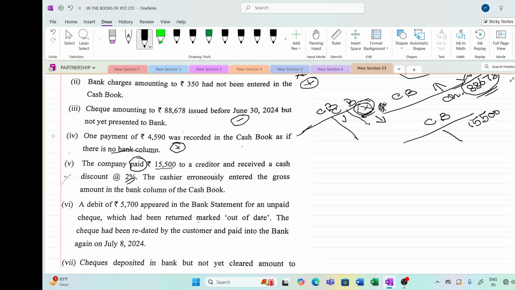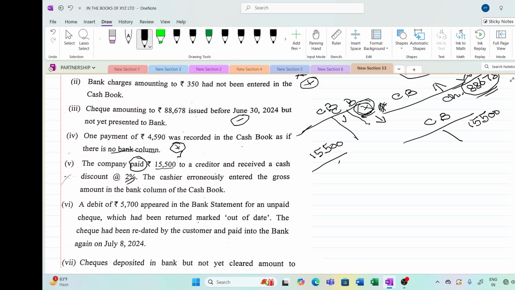We pay the net amount, not the gross amount. We will have to wait for the clarity from ICAI, but right now I am taking it as net.